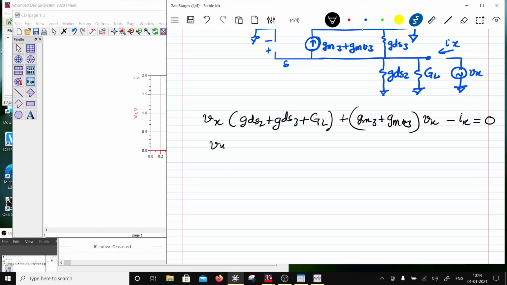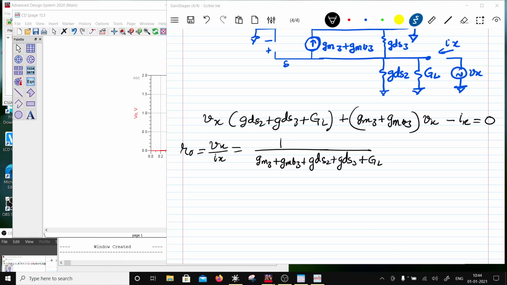So I have Vx over Ix, which is going to be RO, equal to 1 over GM3 plus GMB3 plus GDS2 plus GDS3 plus GL. Now that means that the output resistance is going to be very low. If these numbers are large, the output resistance can be low.